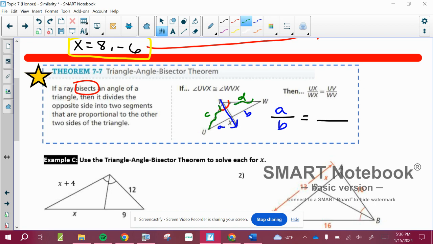So our sides here are C and D. But again, make sure we go in the same order. A is on the left of the ray, so it corresponds with C, that's on the left side of the ray. B over D, okay?